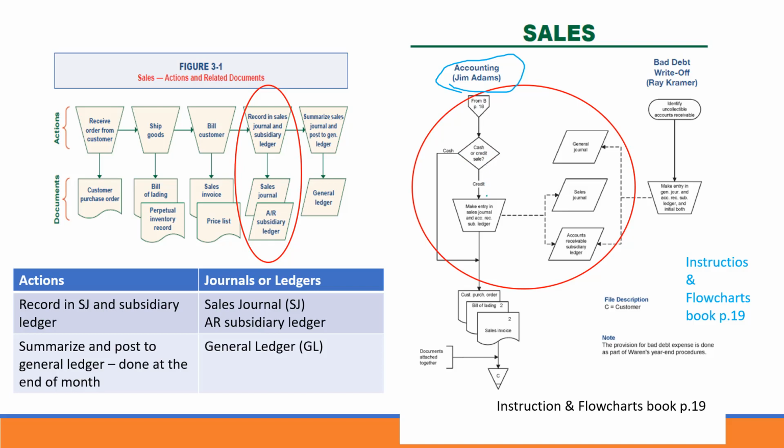If it's a credit sale, we want to make entries in the sales journal and accounts receivable subledger. Okay, so see the dotted line here is the information flow to the sales journal when the accountants record the transactions, and also post it to the accounts receivable subsidiary ledger.